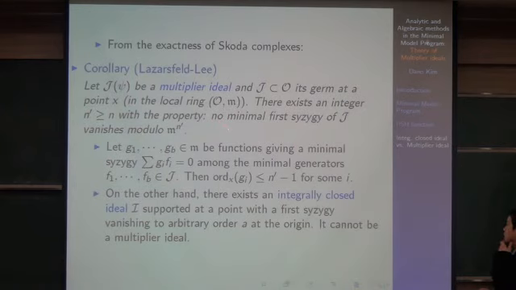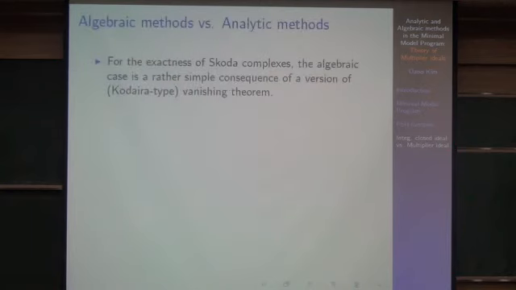On the other hand, Lee constructed a particular integrally closed ideal which does not satisfy this property. That implies that this particular integrally closed ideal cannot be a multiplier ideal.